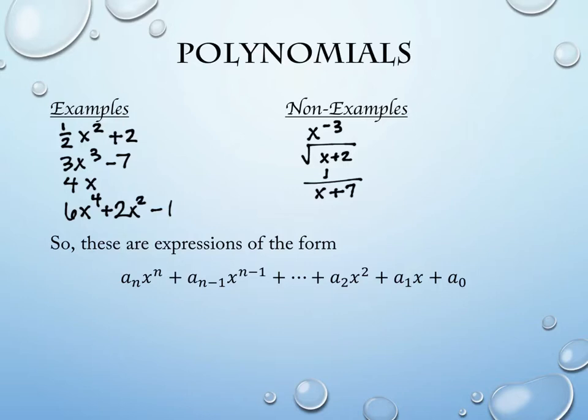You can either say it positively in terms of what do I see happening in polynomials, or you can say it negatively in terms of what do I not see happening to polynomials.